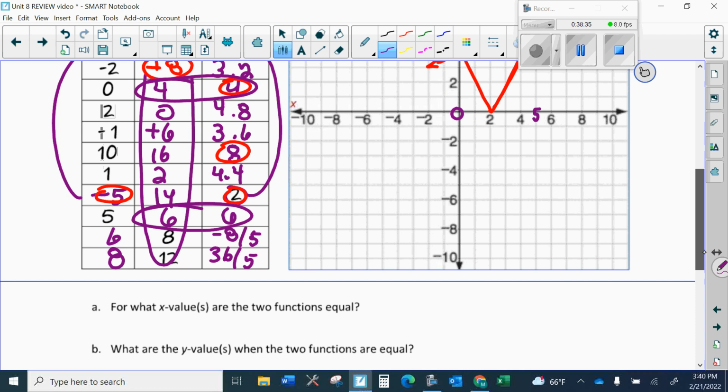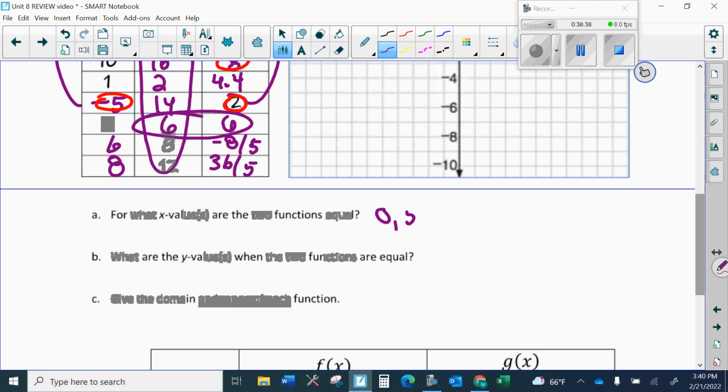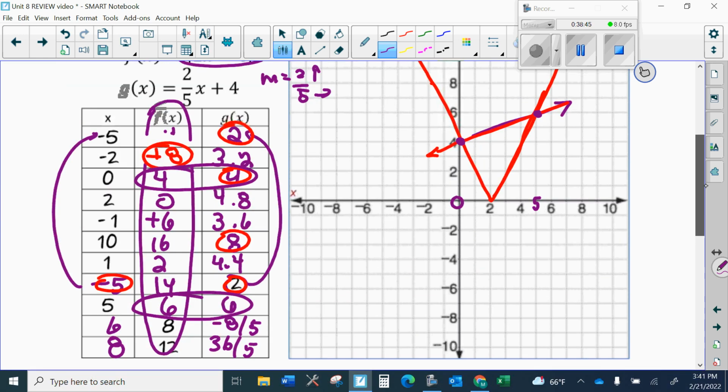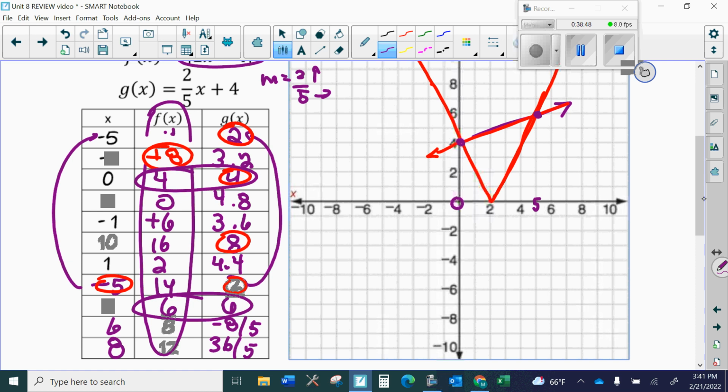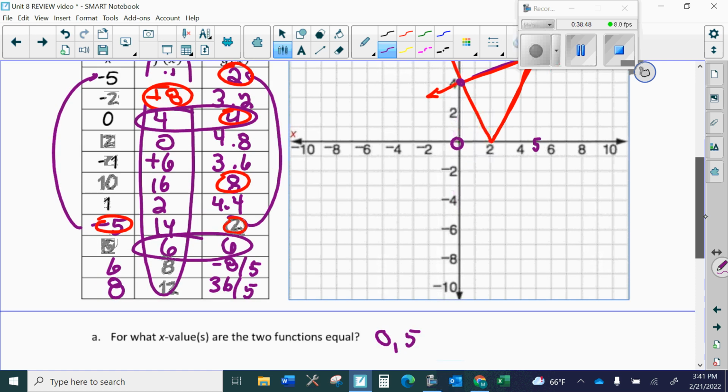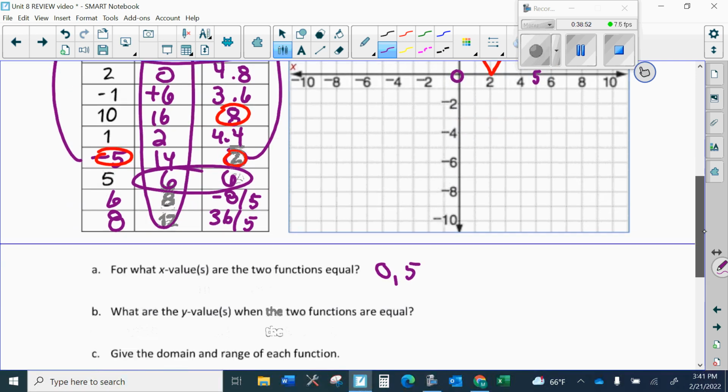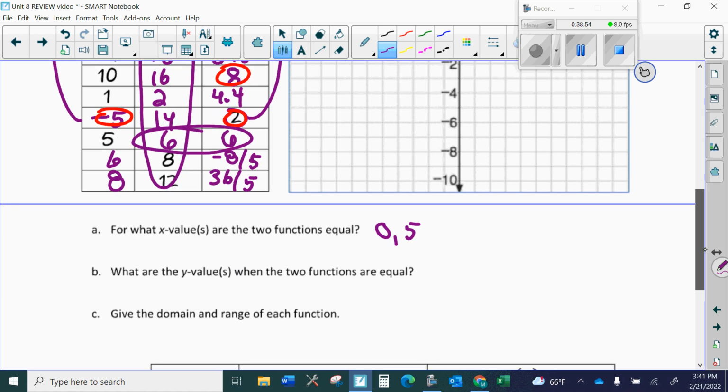You see that? 0 and 5. What are the y values when those two functions are equal? So what are the y coordinates there? We got 4 and 6. Okay, these are my y values, 4 and 6 right there.